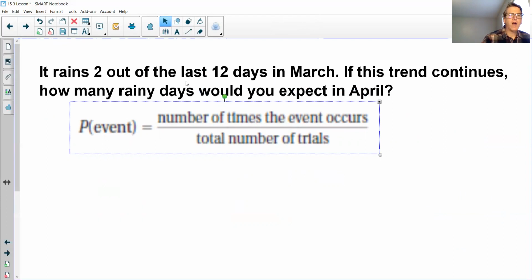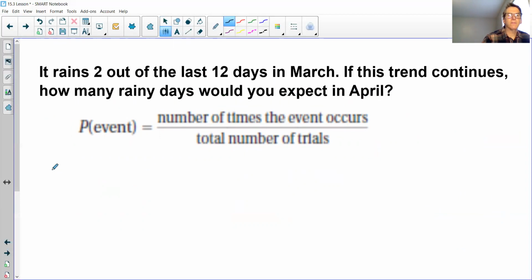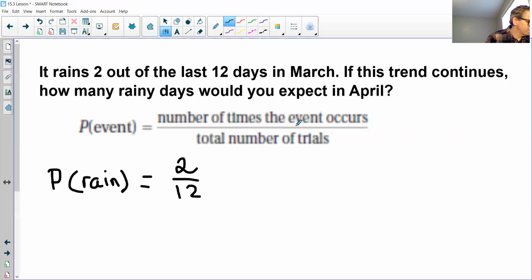So the probability of rain is equal to 2 over 12, 2 times out of 12 days in March. So it's about 1/6.